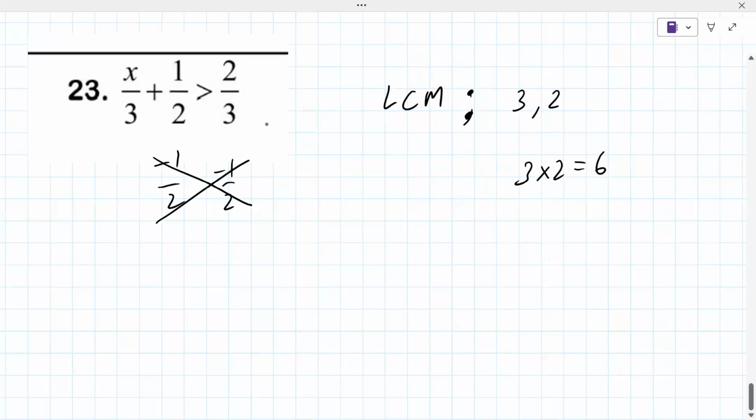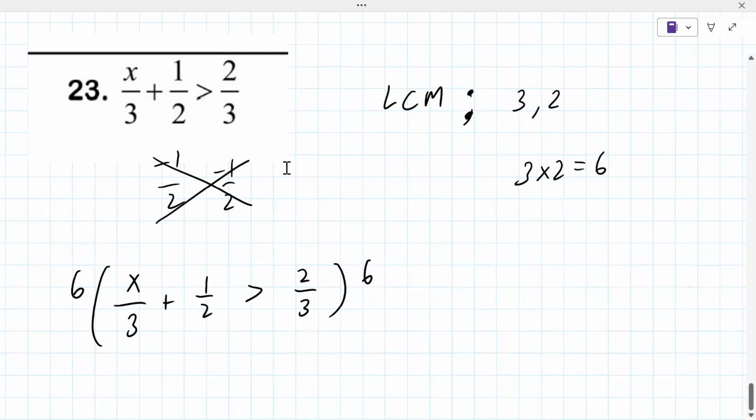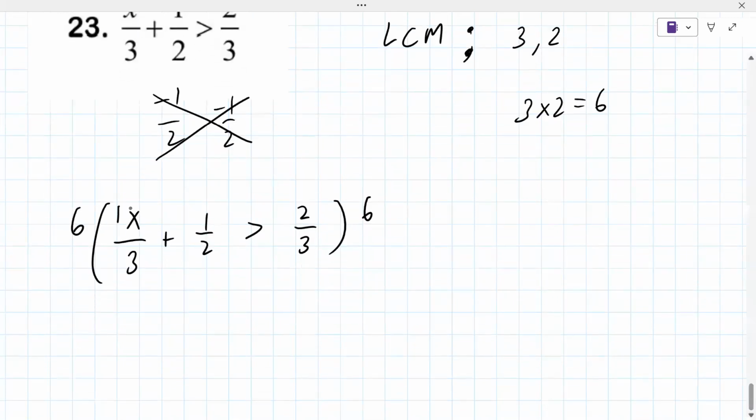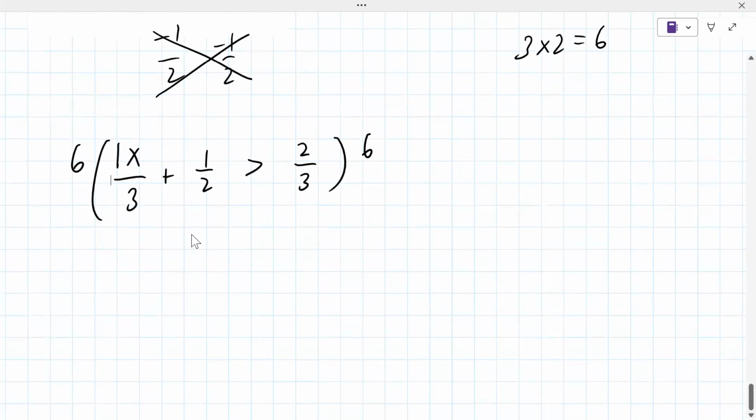Okay, so the fastest way to get a common multiple is to multiply, and now we're going to multiply everything by 6. So like this is 1/3 times x plus 1/2. I don't remember exactly how we did this, but you're multiplying the top, the bottom, you're multiplying by 1.